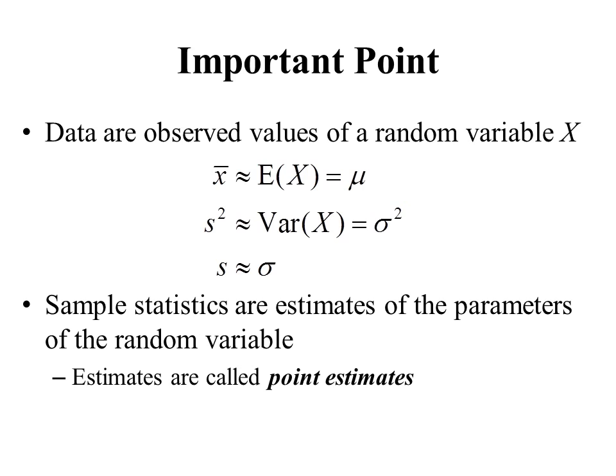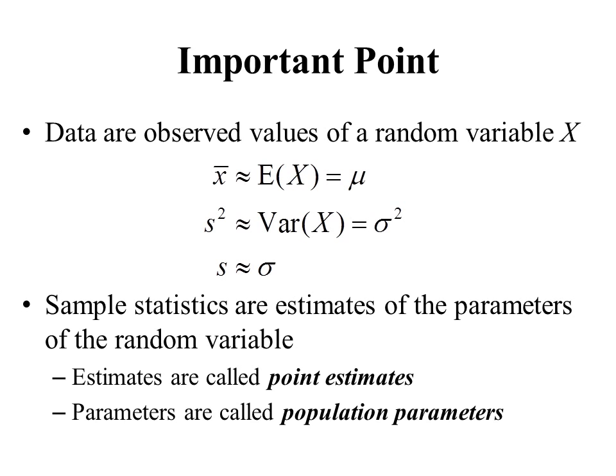In a few sections we'll talk about some other types of estimates that we can get, but right now these are just one number estimates, so they're called point estimates. And our parameters of the random variable are generically called population parameters. It's another term that we defined in section 4.1. Here we're just making a connection between that definition in section 4.1 and the underlying random variable.